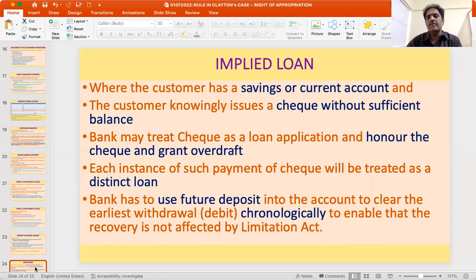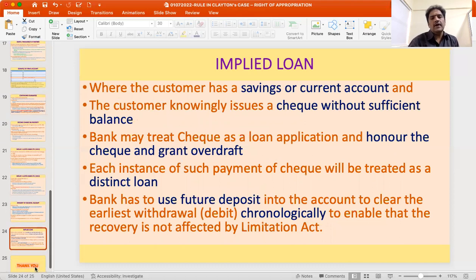Then there is another case where you could have a current account or a savings account, and the customer issues a check knowing pretty well that there is no sufficient balance for honoring the check. But the bank has an arrangement by which it says it will permit this temporary accommodation to be given to the person.